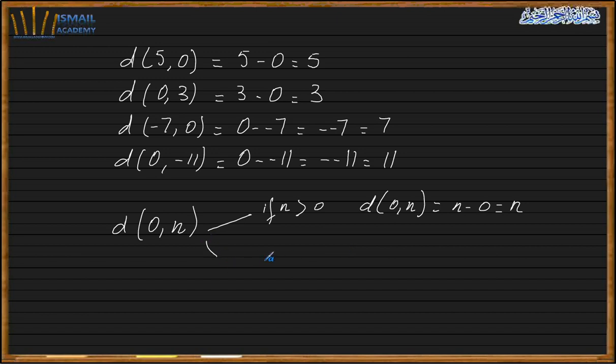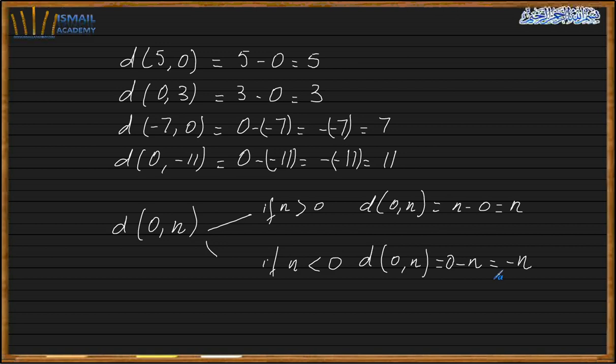And if that number is less than 0, like minus 7 or minus 11, and I put parentheses here and call the number n, and n is negative, the distance is 0 minus the number, which is minus that number.